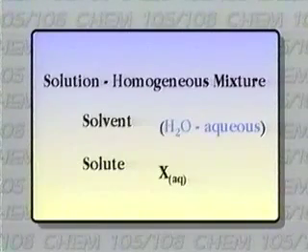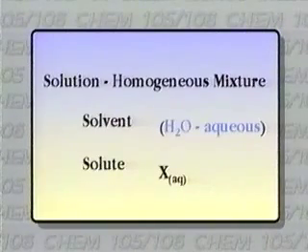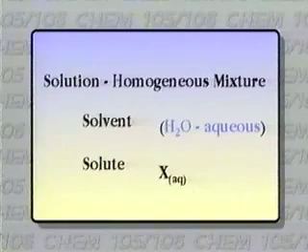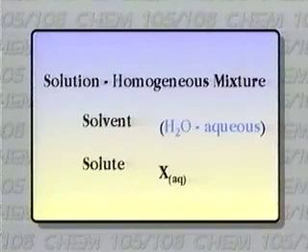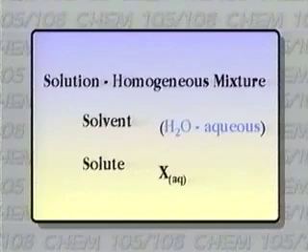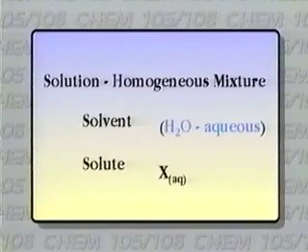Which is dissolving in which. So rather than define it that way, we will merely define the solvent as being the component in the greatest amount, and the solute the component or components of the mixture being in the lesser amount.